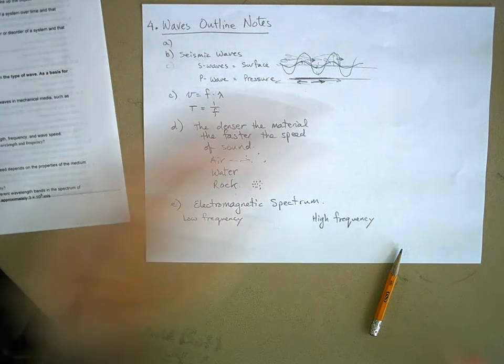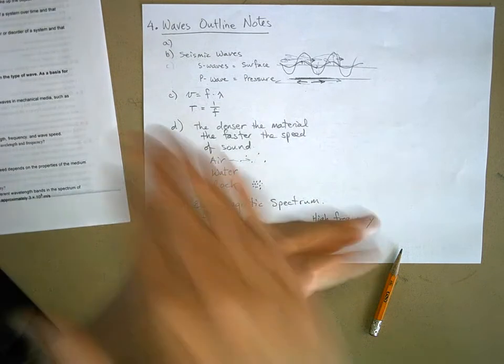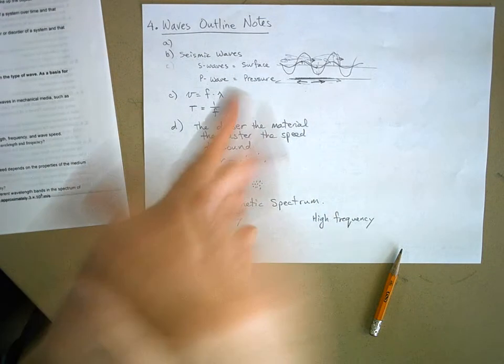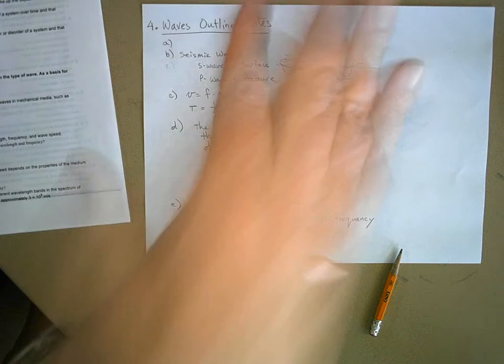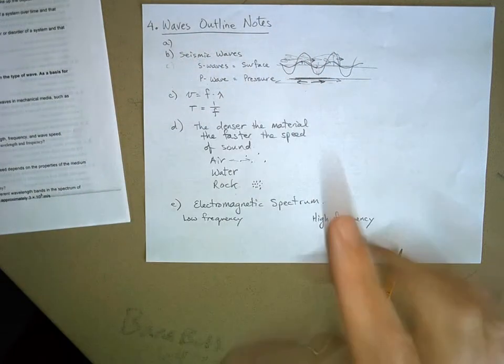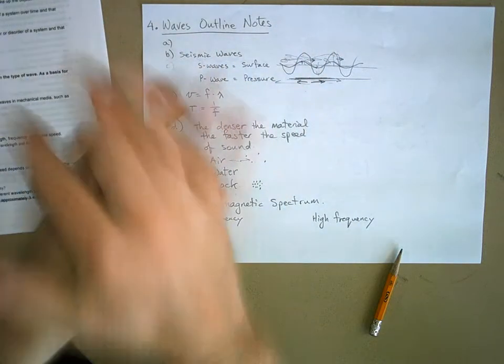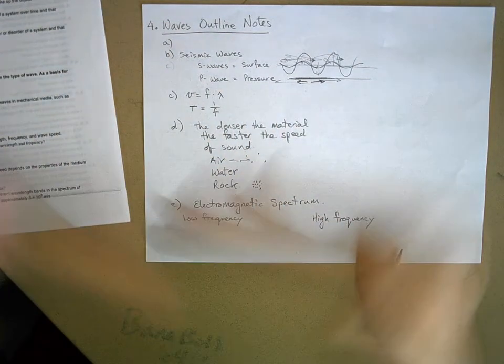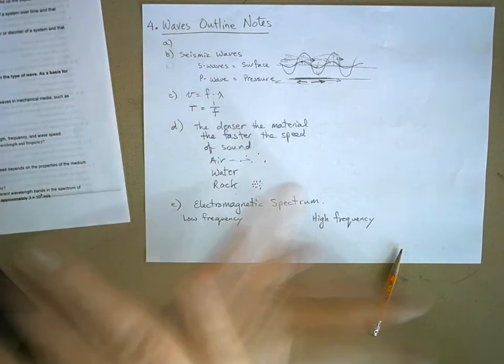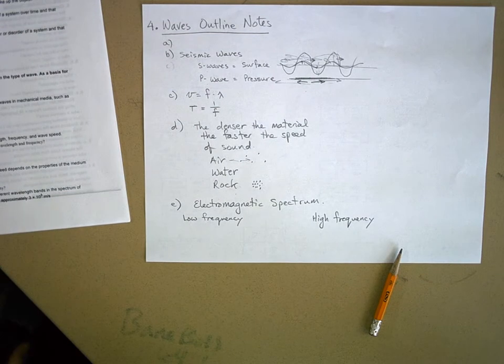And then you go beyond ultraviolet and you have X-rays. Okay, there's X-rays. And then you get to the highest frequency electromagnetic radiation detectable. It's called gamma rays. These things are bad, okay? Gamma rays will kill you.